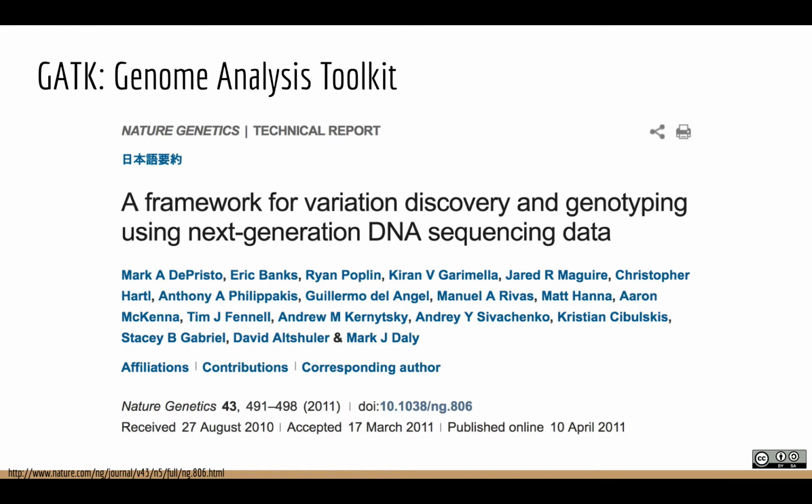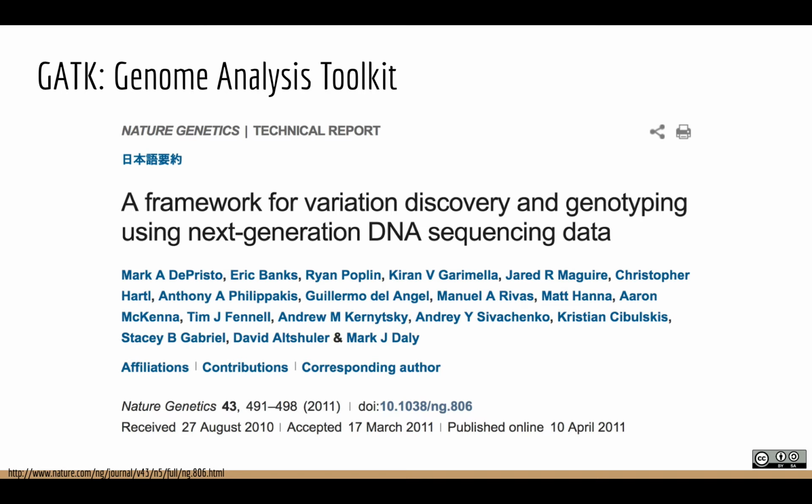GATK. I'm going to walk through GATK in a little more detail because this is the tool that's most widely used, and it has a huge software development team that supports it. There's a nice paper describing it from back in 2010, and it really digs into some of the other probabilities that it's trying to measure that I touched upon.